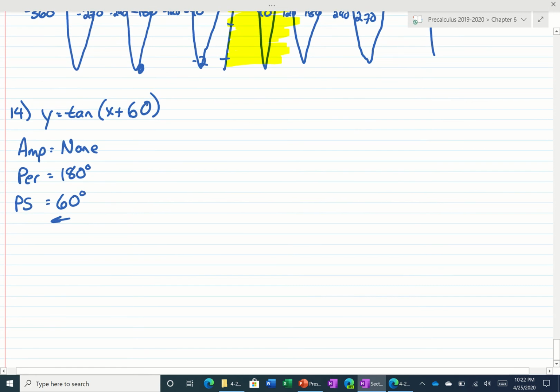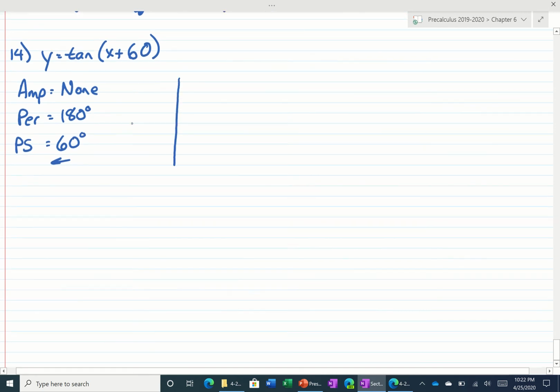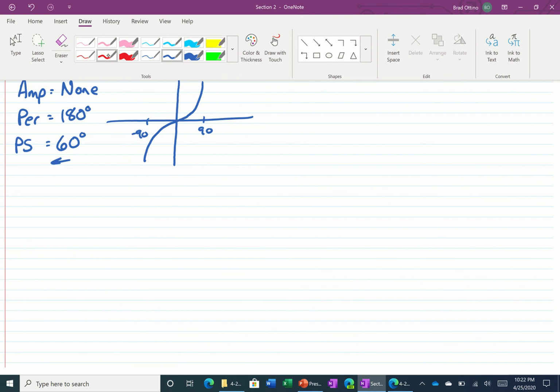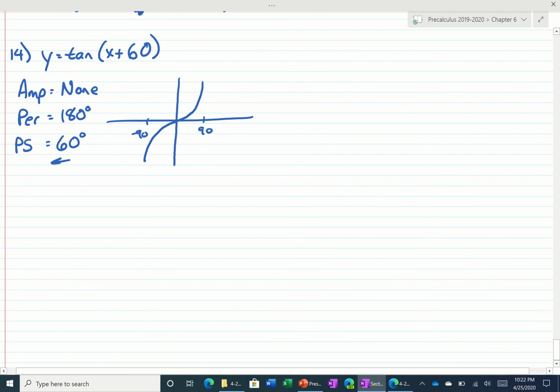So just to kind of put this in perspective, we know tangent usually looks like this. Right? So what this graph's going to look like, if it's going to the left 60, this 0 is going to be to the left 60 at negative 60. The asymptote that's usually at 90 is going to be 60 degrees to the left at 30.